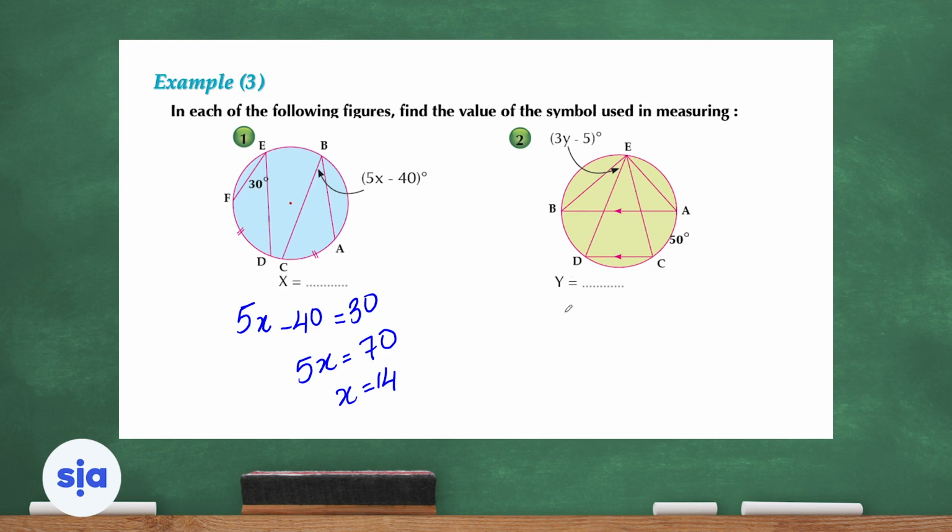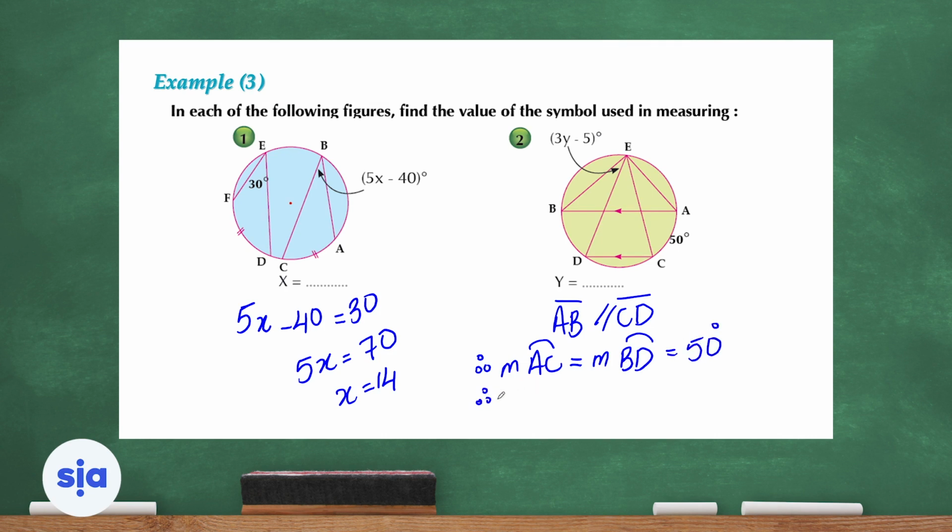We're in question number 2. As you can see that AB is parallel to CD, therefore the measure of arc AC is equal to the measure of arc BD, which is 50 degrees.